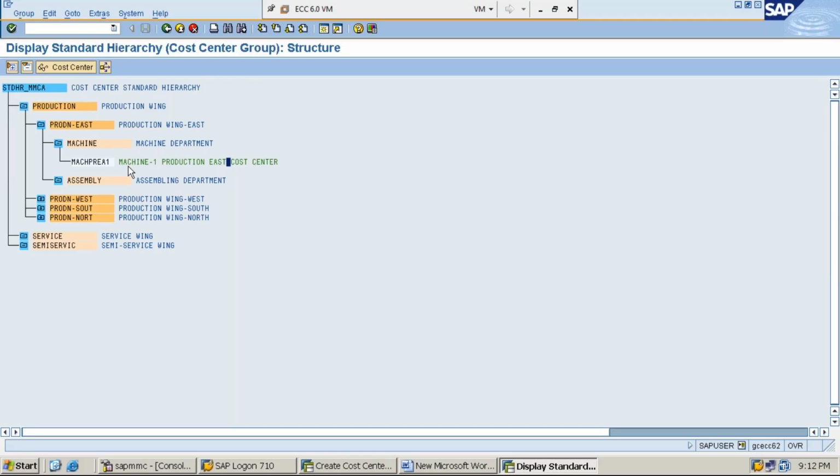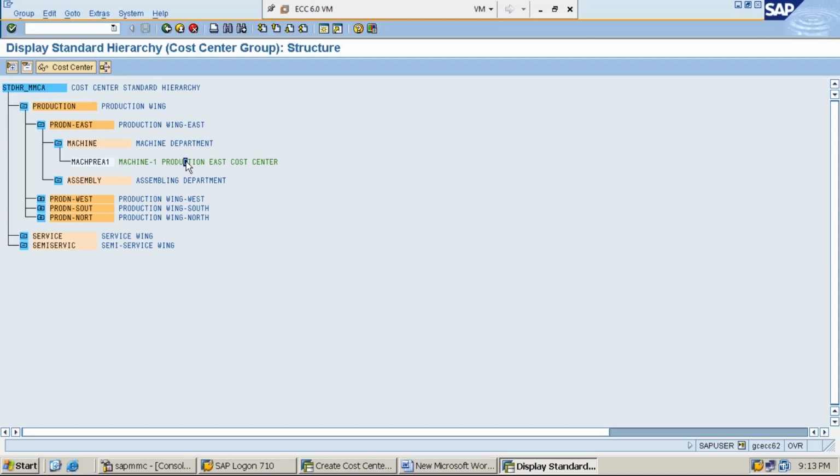Listen to my explanation very carefully. Cost center is the lowest level, lowest section, lowest department within the standard hierarchy, which will not be further bifurcated into sections and subsections.